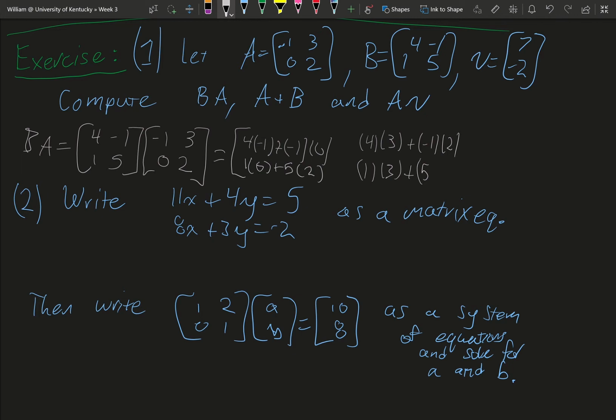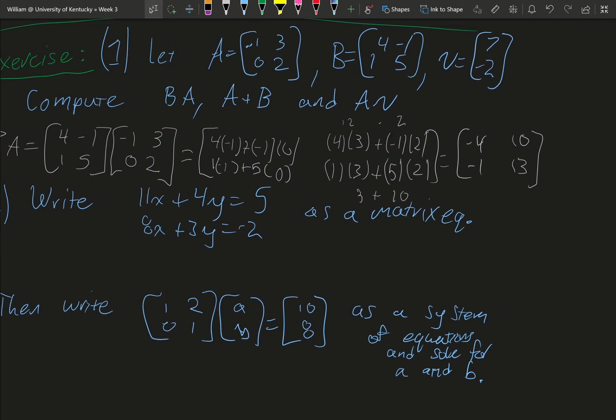Oh no, okay, I gotta change this. This is not right. It's 1, 5 times negative 1, 0. And so we have negative 4 plus 0 for the first entry. Here we have negative 1 plus 0. Here we have 12 minus 2, so that gives us 10. And here we have 3 plus 10, so that gives us 13. So that would be our final answer there.